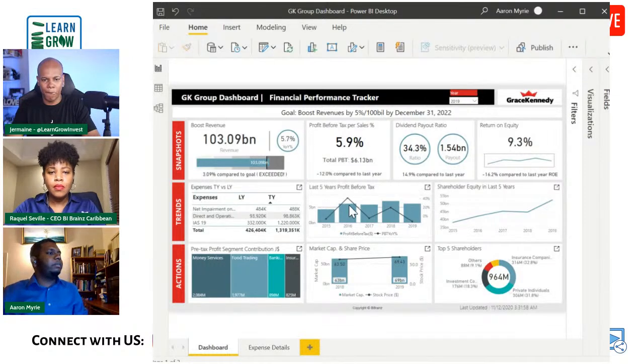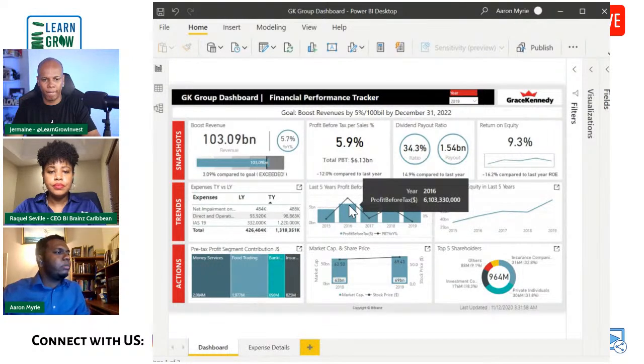Then we look at market capitalization and share price. Market capitalization is an important metric. It tells you the worth of the company. And if you divide the market cap by the share price, you're able to know the amount of shares that the company has issued.